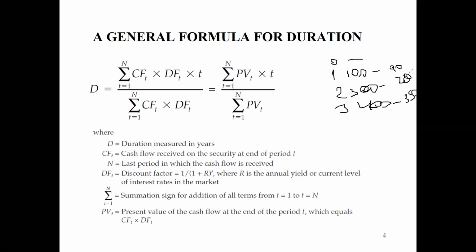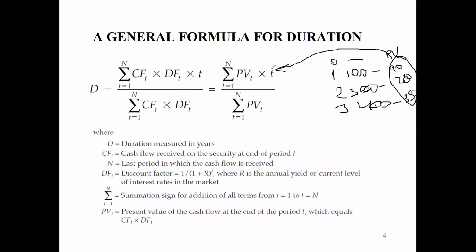You just sum it all once you take the present value, and you multiply with the corresponding period. And then you divide by the summed present value of all future cash flows. Then you're going to get the duration of it, like how many years are required to recover or to cover the investment cost.